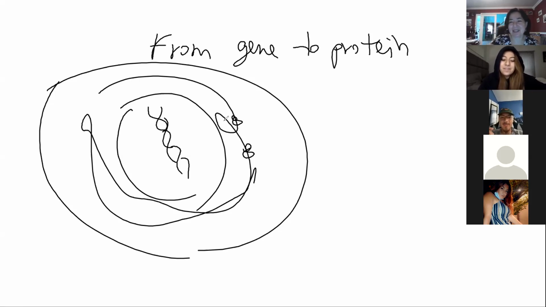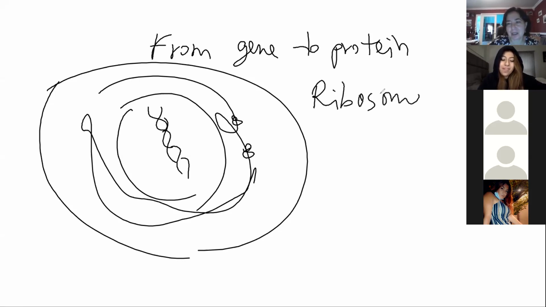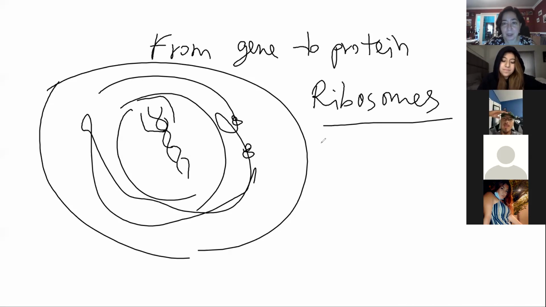So ribosomes build proteins, right? Now, ribosomes need instructions on how to make these proteins. But genes are inside the nucleus. So in order to make a protein, the DNA first has to get activated, right?